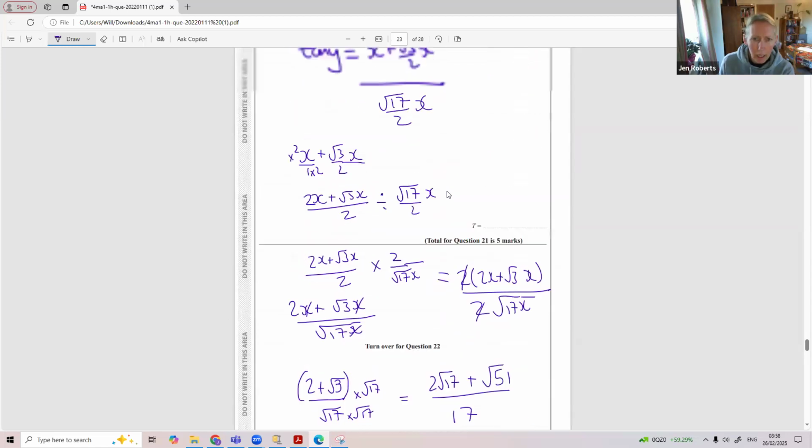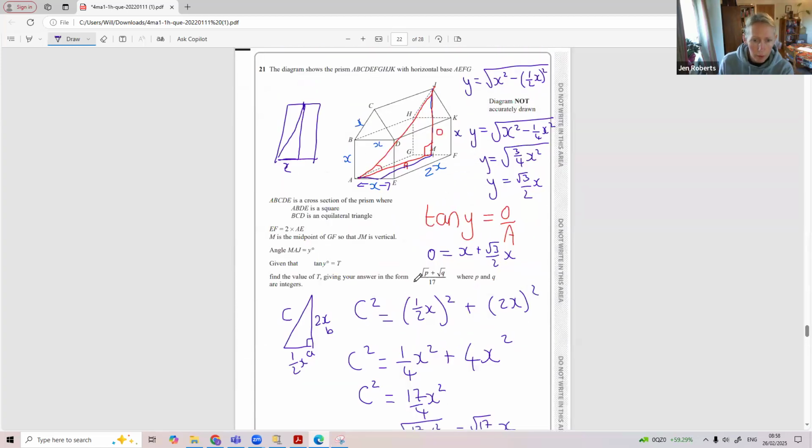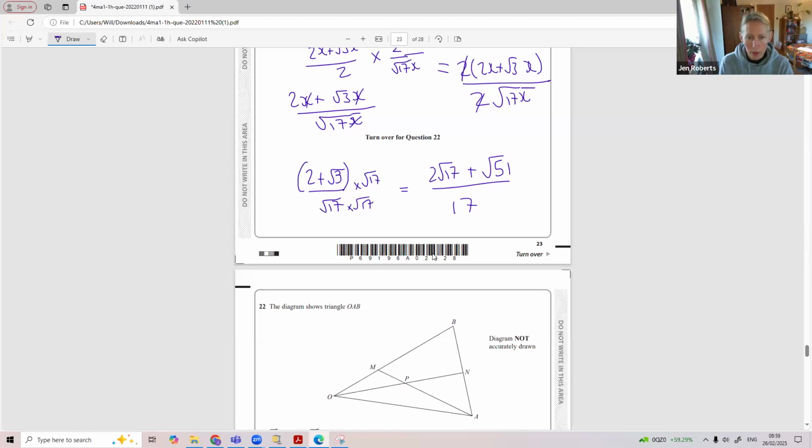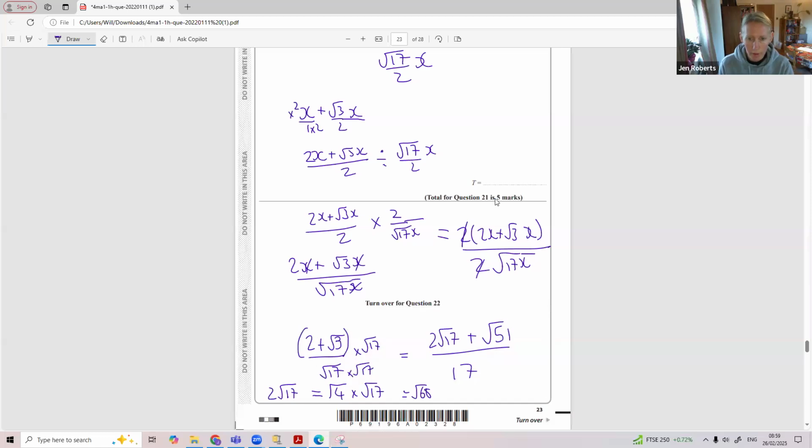I'm nearly there, but we want root p and root q where p and q are integers, so I need to get this all under a root. 2 root 17 would be the same as root 4 times root 17, right? Root 4 is 2. 4 times 17 is 68. So it's root 68, your final answer, plus root 51 over 17.